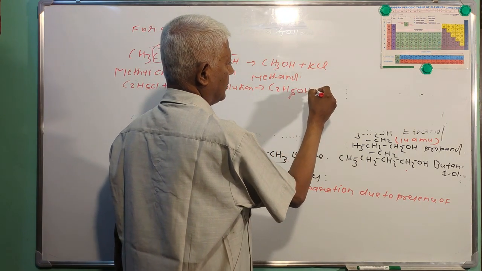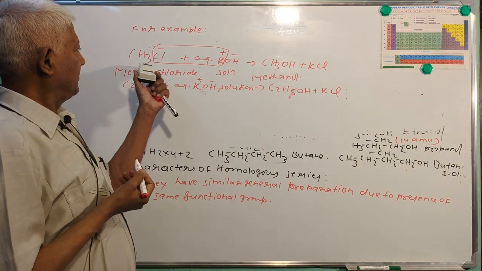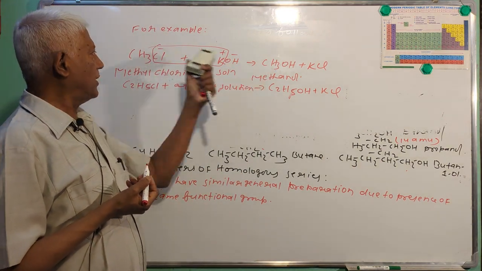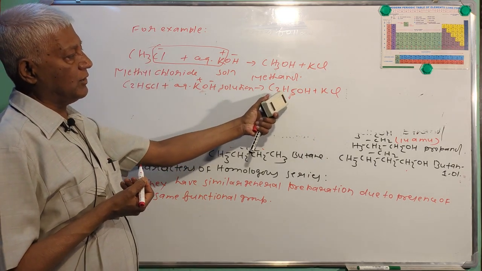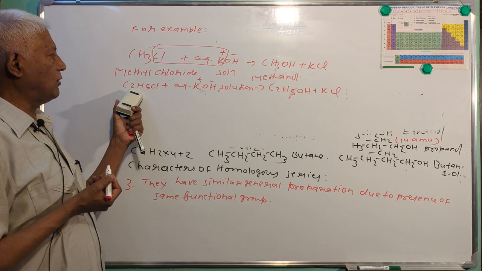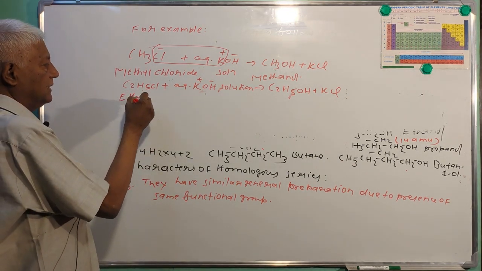C2H5OH plus KCl. So if we prepare methanol, we have to use methyl chloride. If we want to prepare ethyl alcohol, then we have to use ethyl chloride.